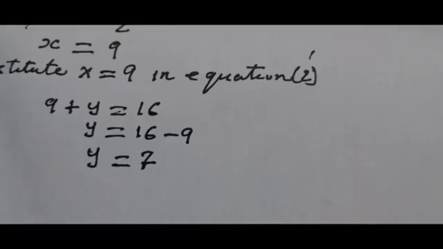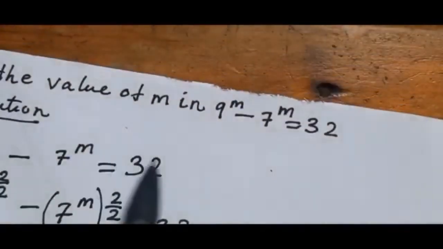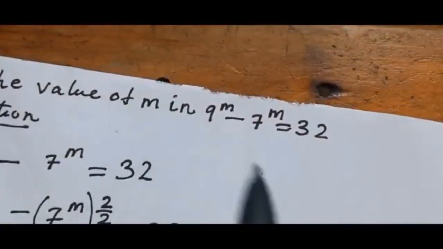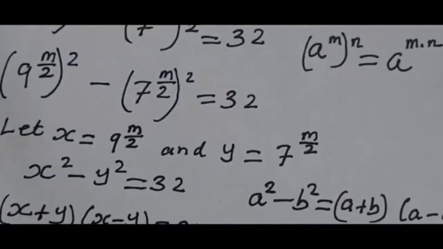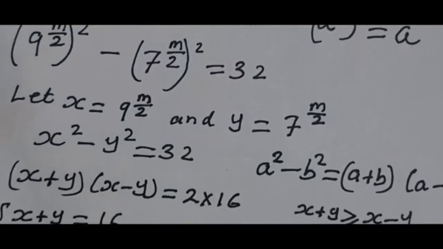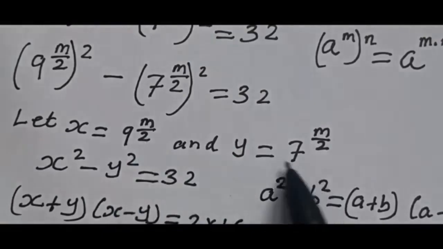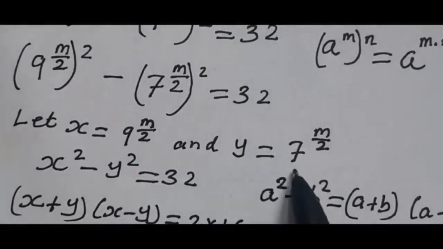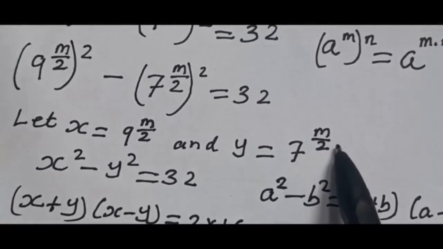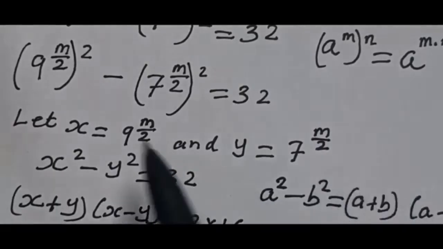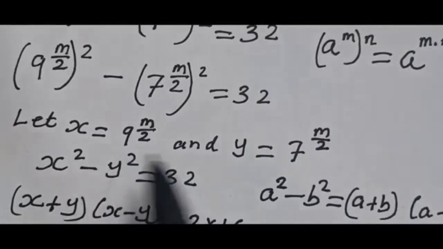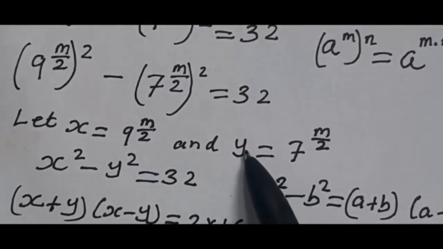Bear it in mind, we have not been told to find the value of x and y. We are told to find the value of m, as you can see here. But bear it in mind, here we said that let x equal 9 raised to m over 2 and y equal 7 raised to m over 2. So substitute the value of x here and substitute the value of y here.